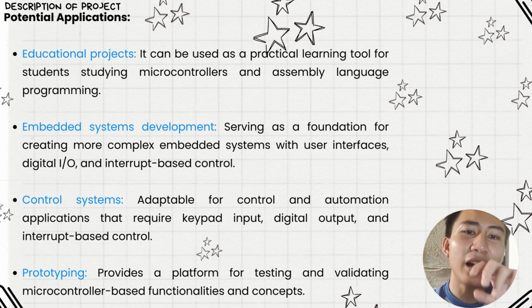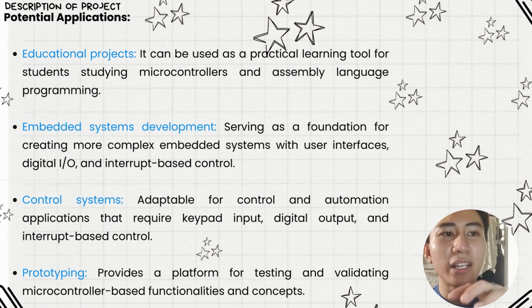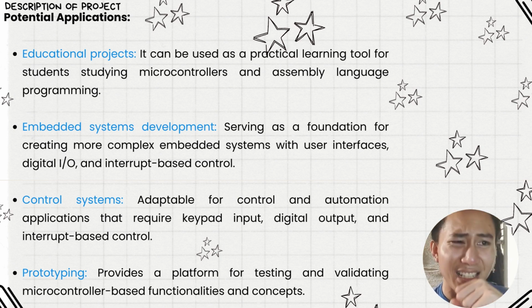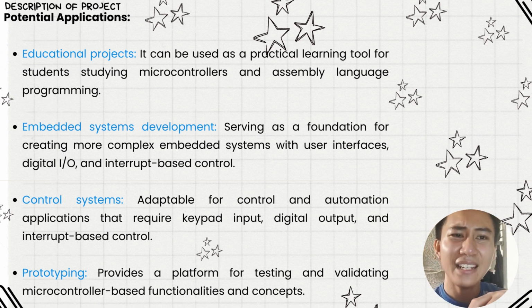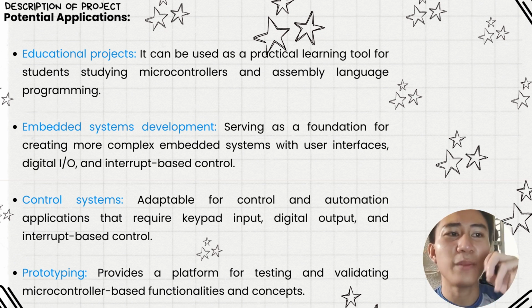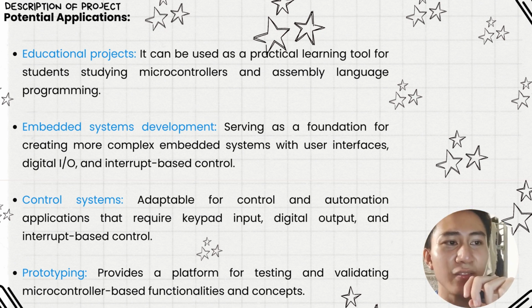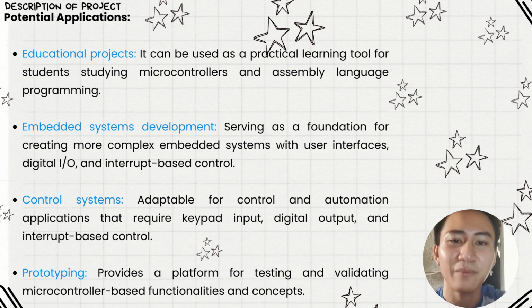Our system is adaptable for control and automation applications that require keypad input, digital input, digital output, and interrupt-based control. And the fourth one is prototyping. Our system provides a platform for testing and validating microcontroller-based functionalities and concepts.